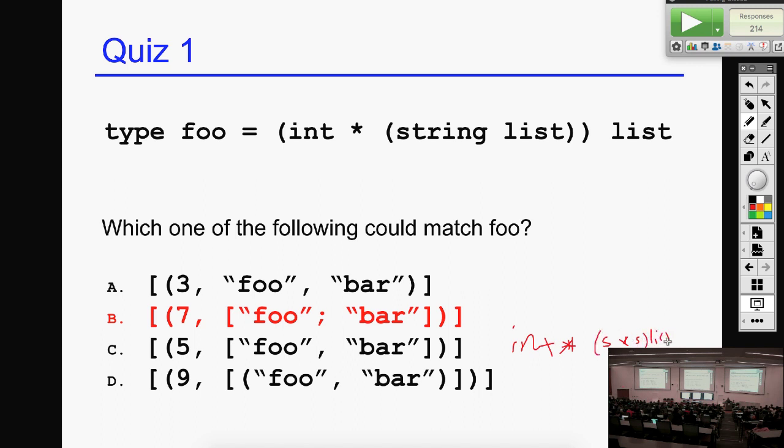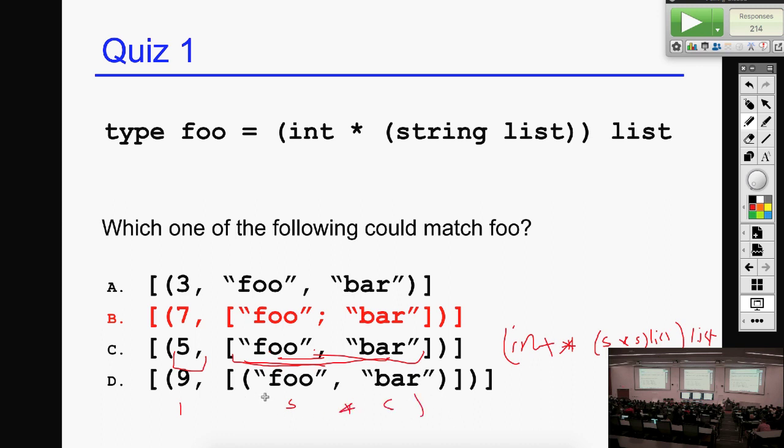Inside is a string star string list, and then again it's a list, right? So get that. This is an int star int list, and then you put together int star string star list, and that's another list outside. That is wrong.